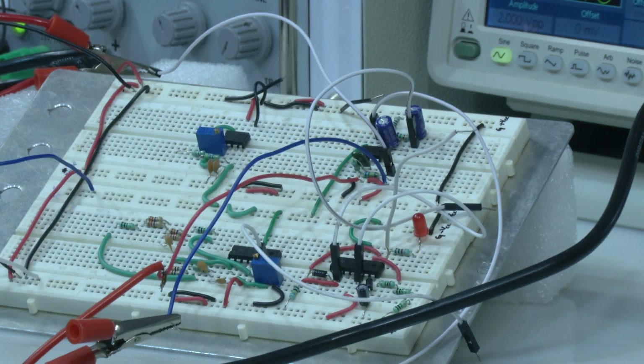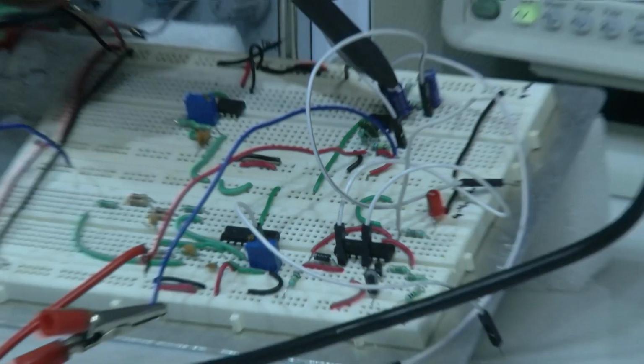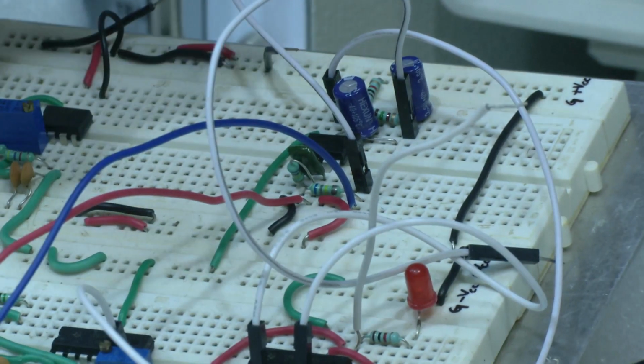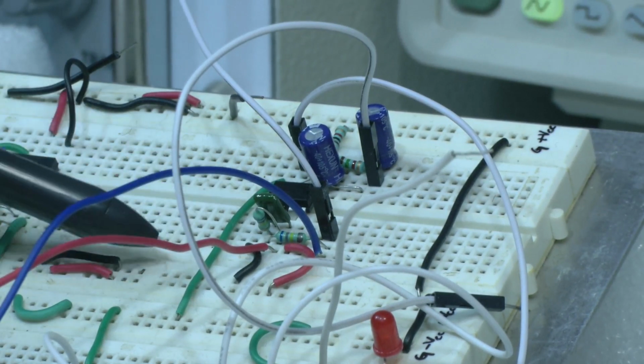Now, when we look into our board here, this part is completely the high pass filter circuit. This side of the op amp is the high pass filter circuit, and this is the low pass filter circuit.